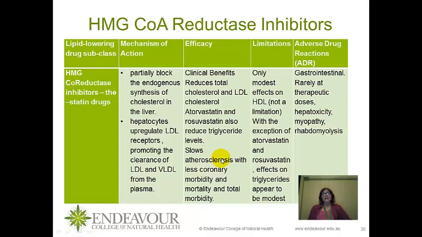By the taking of these statin drugs, there will be slower progression of atherosclerosis, slower progression to angina, or perhaps for angina to progress further to a myocardial infarct. So there'll be much less morbidity and mortality from heart disease.